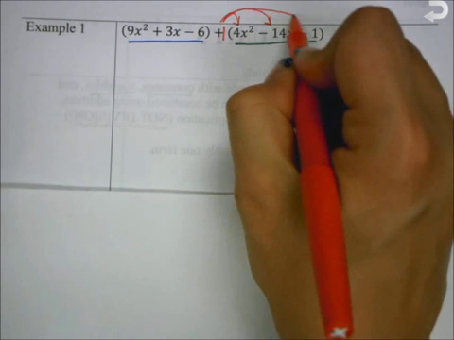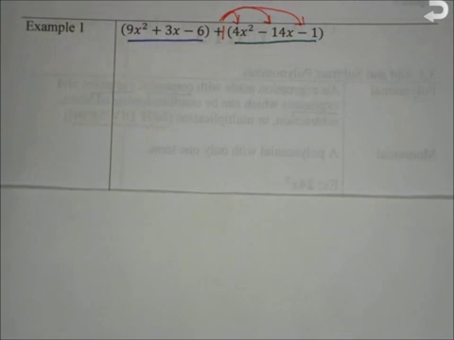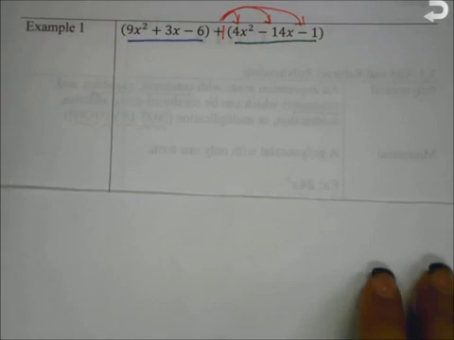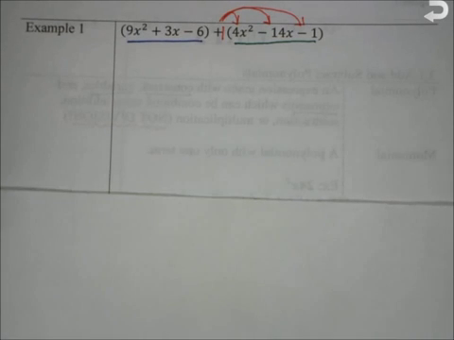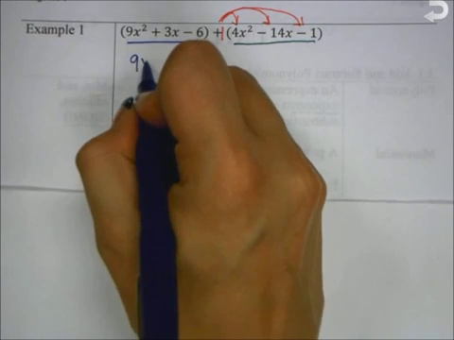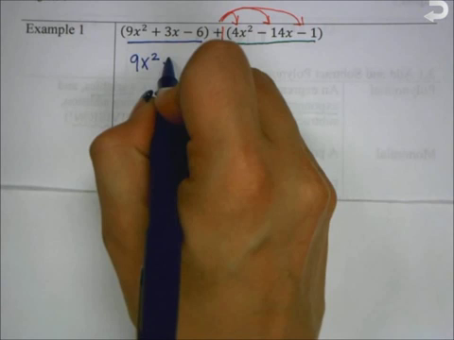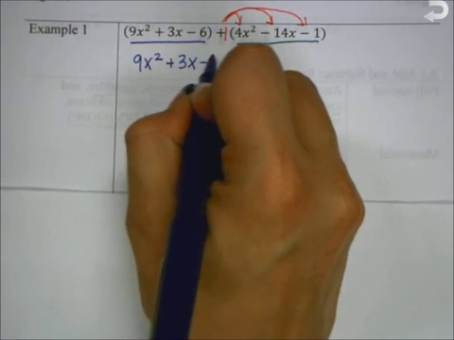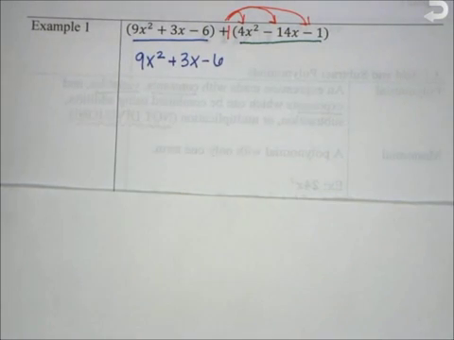So first we're going to rewrite the first polynomial, but we're going to take down the parentheses now. So we have 9x squared plus 3x minus 6. That has not changed at all. What about the second one?